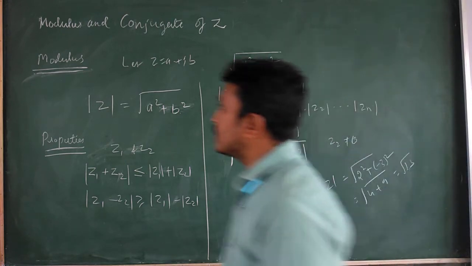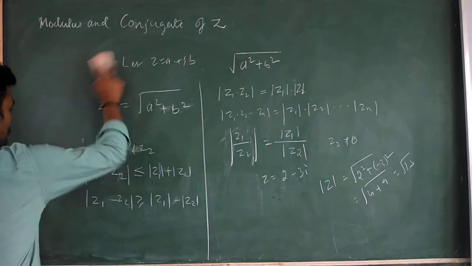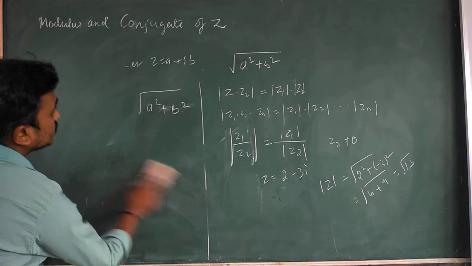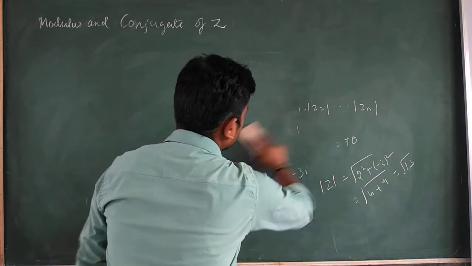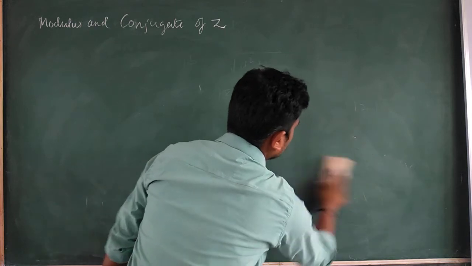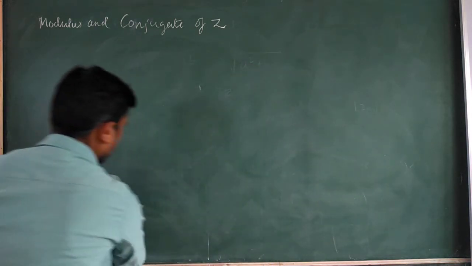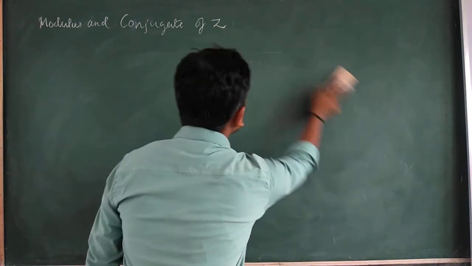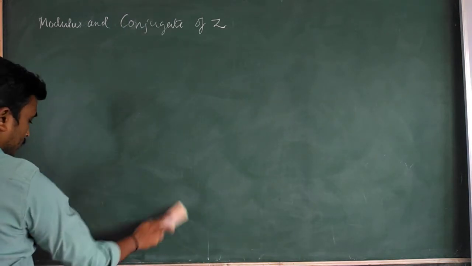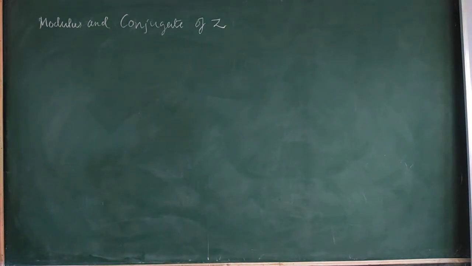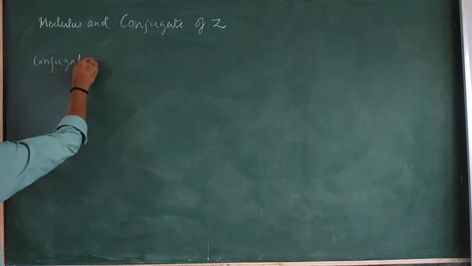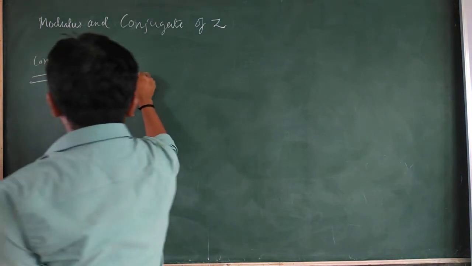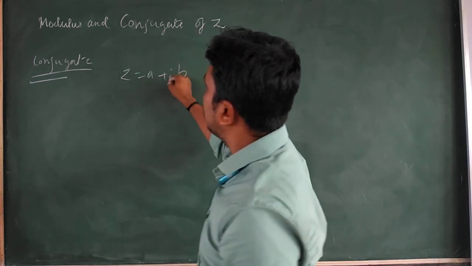Okay. Next, the conjugate. This is about the modulus, and next the conjugate. Z equals a plus ib is a complex number.